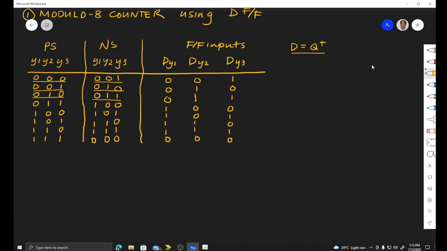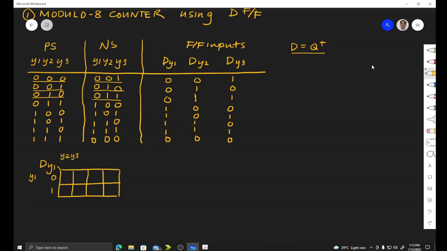We're going to get our equation using K-map. Let's say this is our y1 and this is our y2, y3.